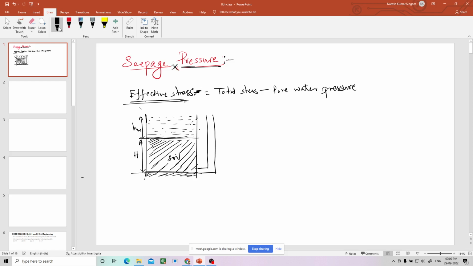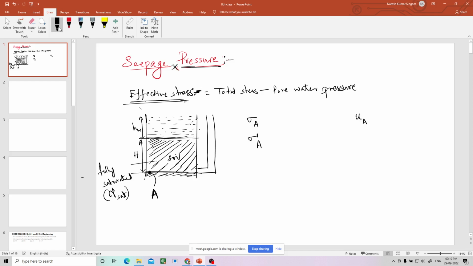Let us take a point here, A. It is fully saturated, having saturated unit weight gamma sat. Can you tell me the total stress at A, the effective stress at A, and the pore water pressure at A?